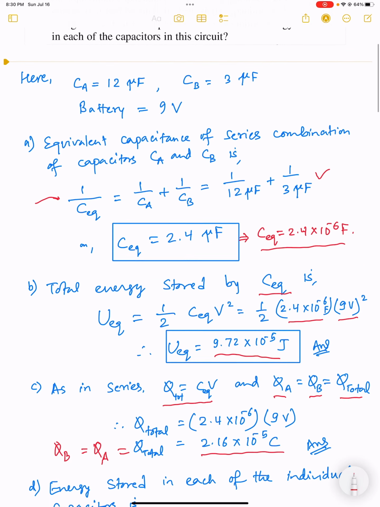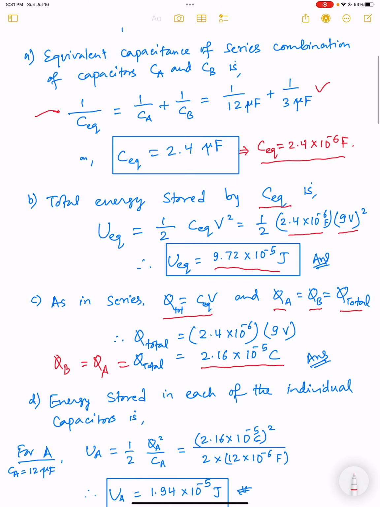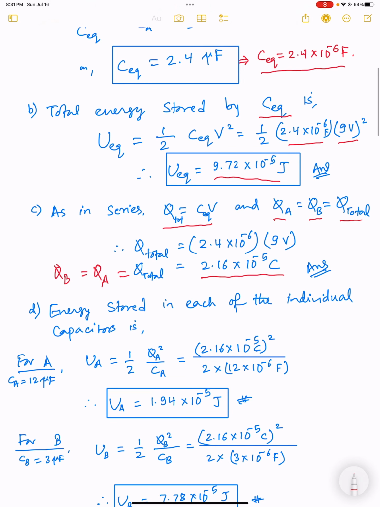For part D, the question asks you to find the energy stored in each capacitor in the circuit. The energy stored in each individual capacitor would be, let's say for capacitor A, UA, which will be equal to half QA squared over CA.